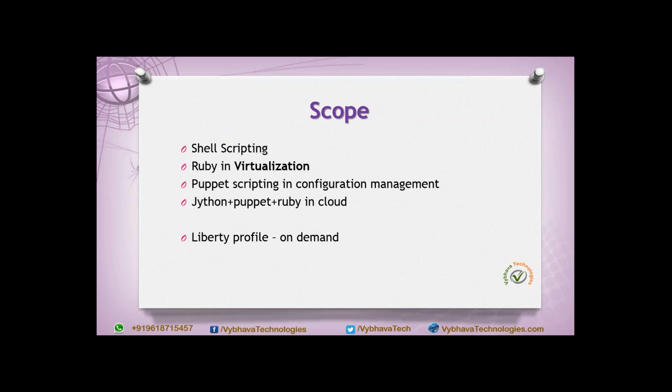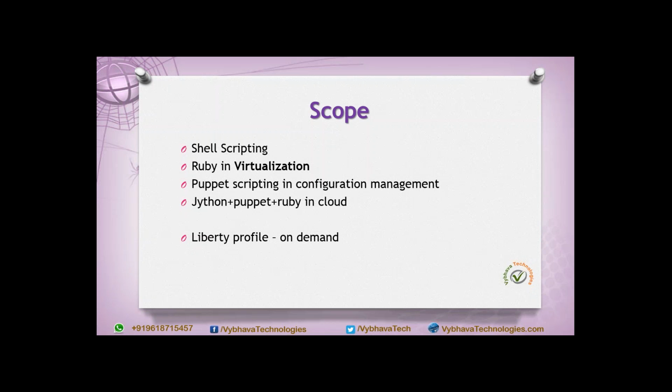If you use common scripts or Puppet scripting, Chef and Ansible, these are different scripting tools coming in on the configuration management side. So all these are different scopes. You can integrate and connect them with your Jython.